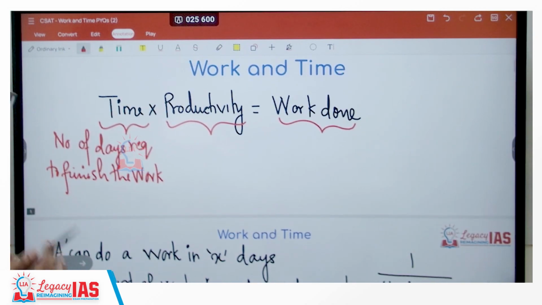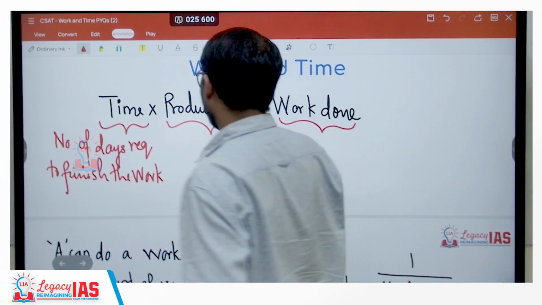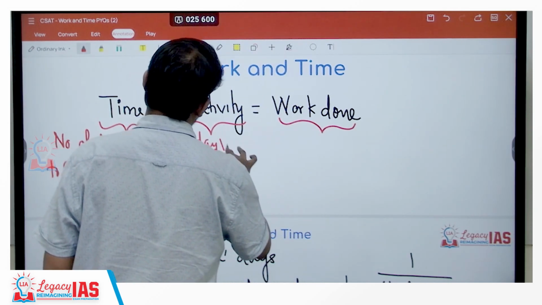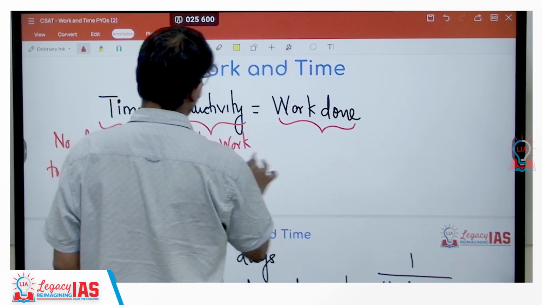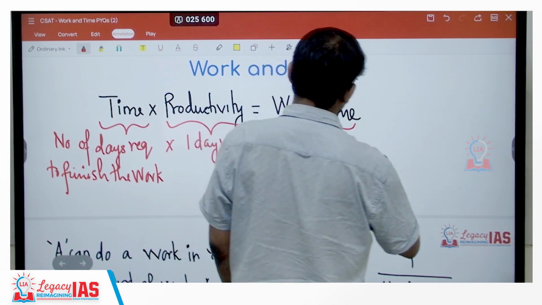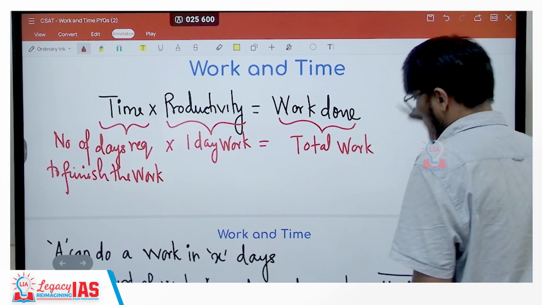When it comes to productivity, productivity is what? Your 1 day work. This is your 1 day work, and this is the total work, and total work is generally taken as 1.